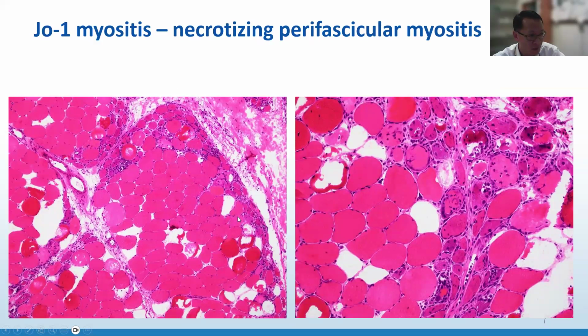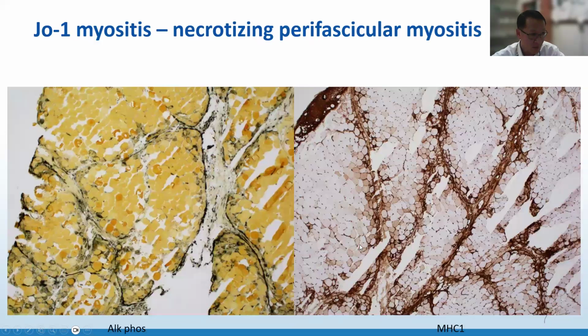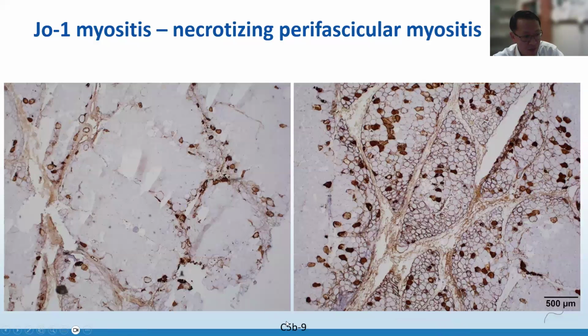On low power, you can appreciate a level of atrophy in the perifascicular region. And on close up, you can see all these necrotic fibers and regenerating fibers. Again, this can be highlighted by MHC class 1, which has a very strong perifascicular staining pattern. And similarly, the alkaline phosphatase, just like the MI2 variant, can have strong staining in the connective tissue. This is C5b9, which highlights the necrotic fibers.